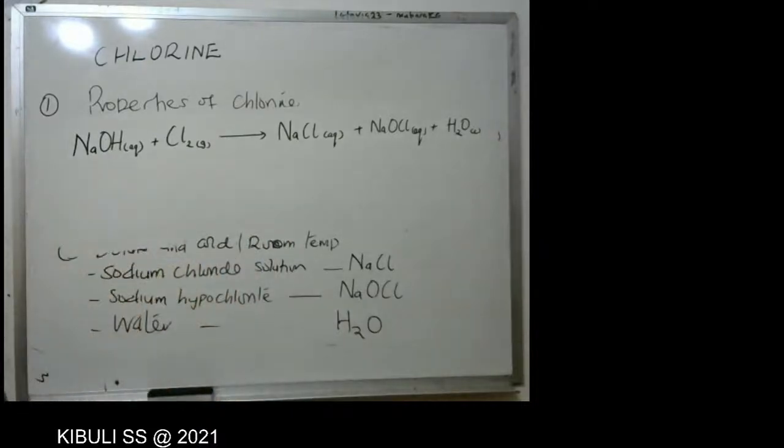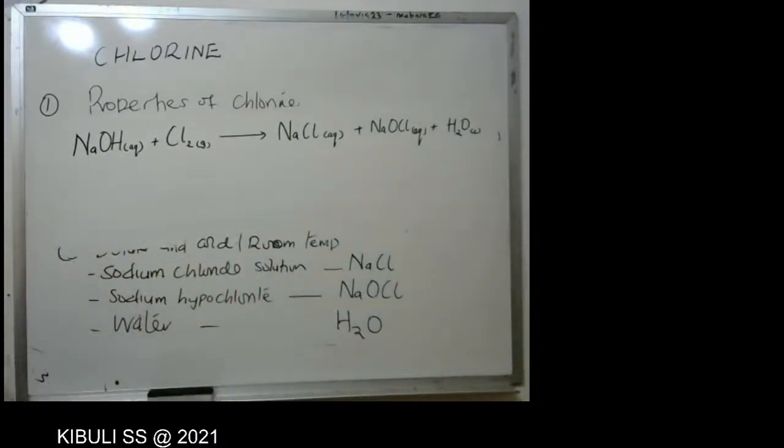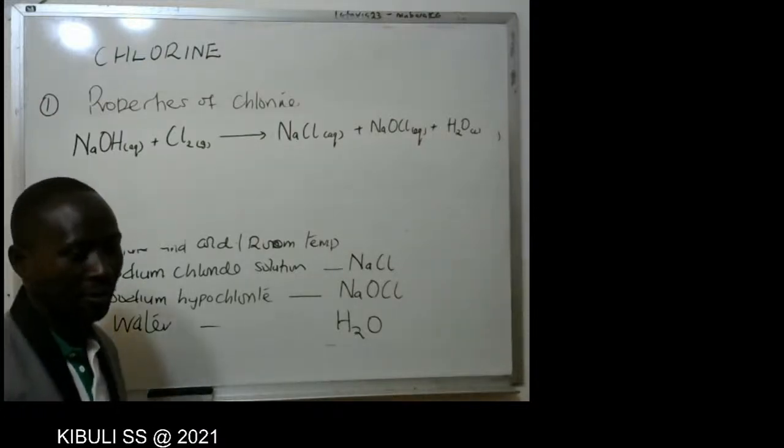Wherever you are, you can write the equation between the potassium hydroxide and chlorine. Before we think of balancing, I am giving you about 30 seconds, wherever you are, to write the equation and balance the equation between the potassium hydroxide and chlorine and name the products being formed.